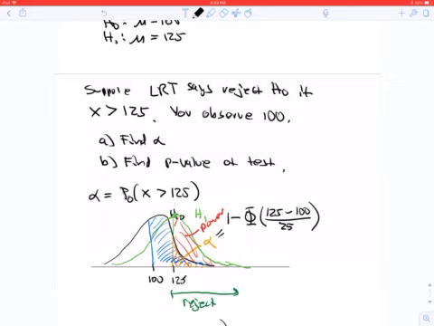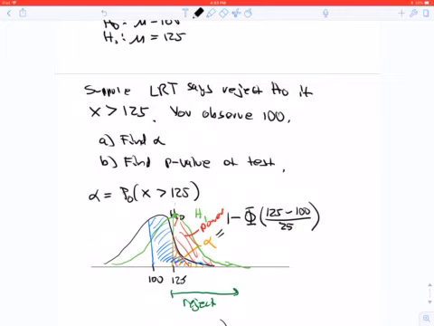Alpha is the area under the null distribution to the right of 125, which is your rejection region. So that's 1 minus phi of (125 minus 100) over 25.